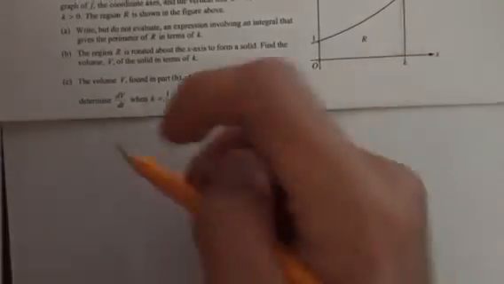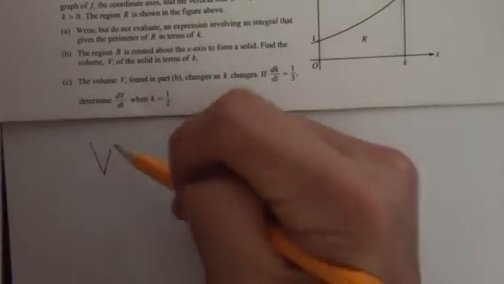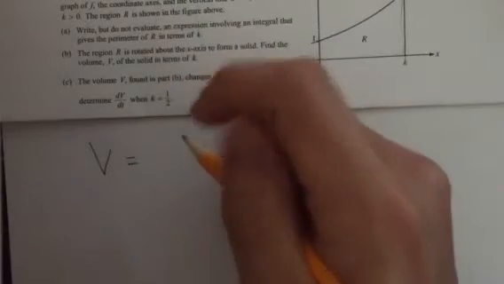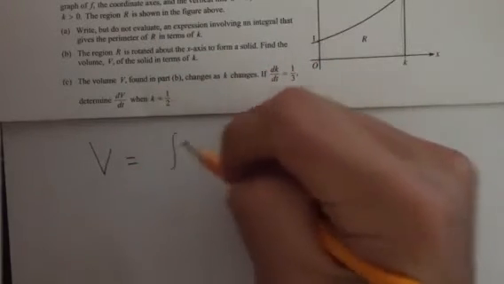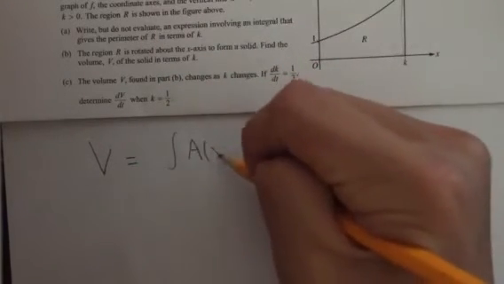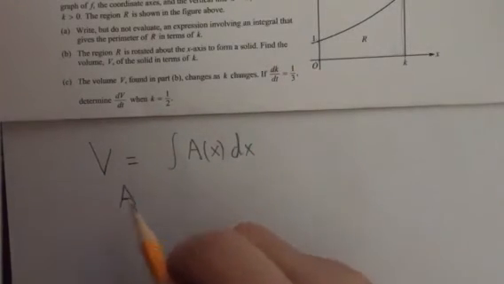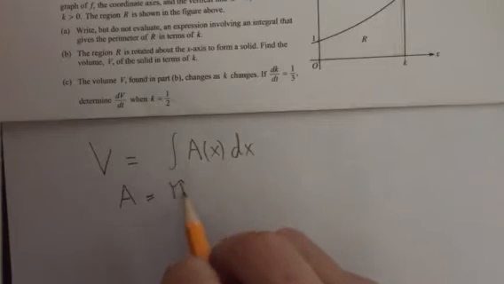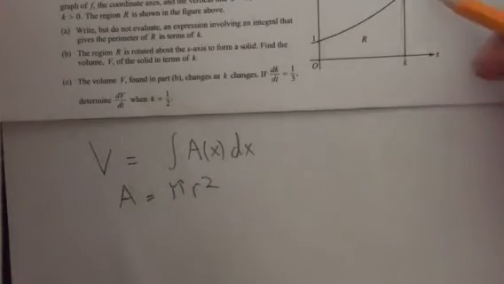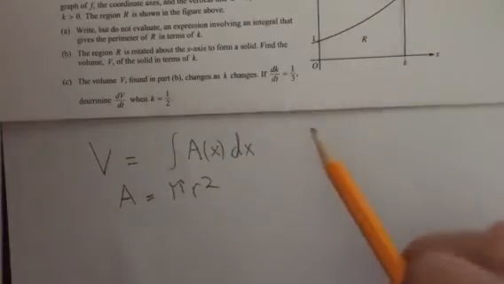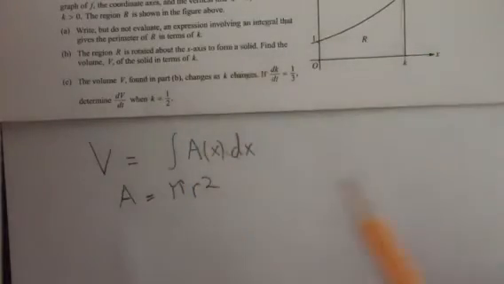So we can express that infinite sum as an integral. So we know that volume is the integral of area. Well, the area is pi r squared because these are all circles when they revolve around the x-axis. If you imagine a line segment being revolved around the x-axis, it is going to form a circle.